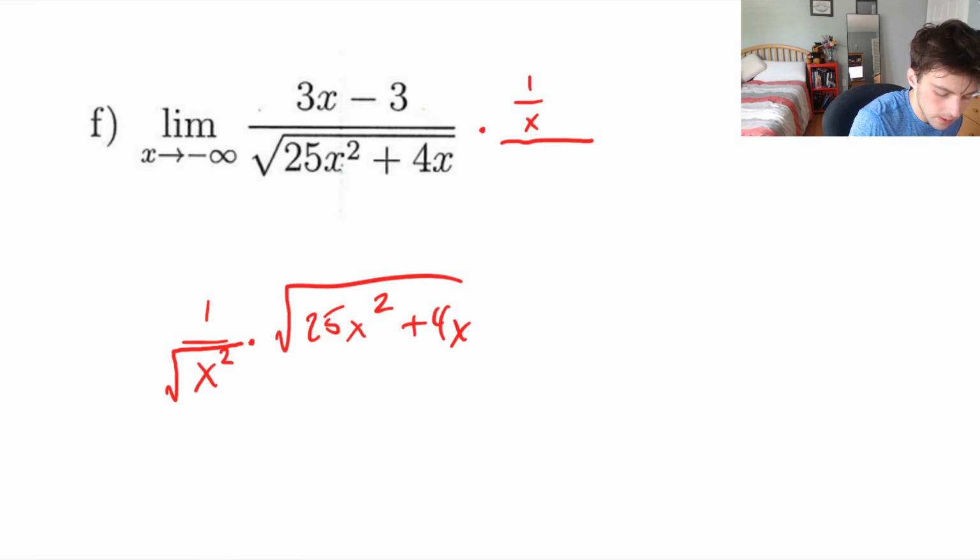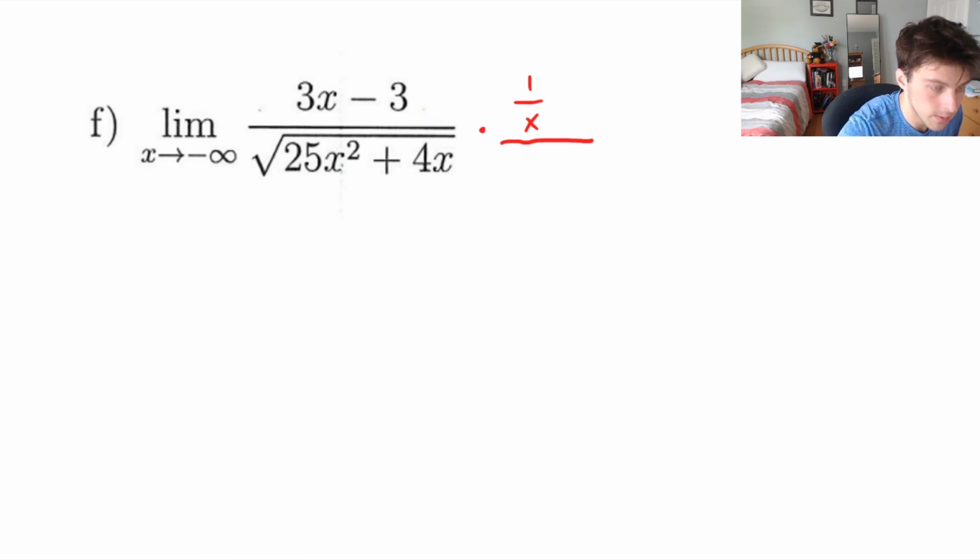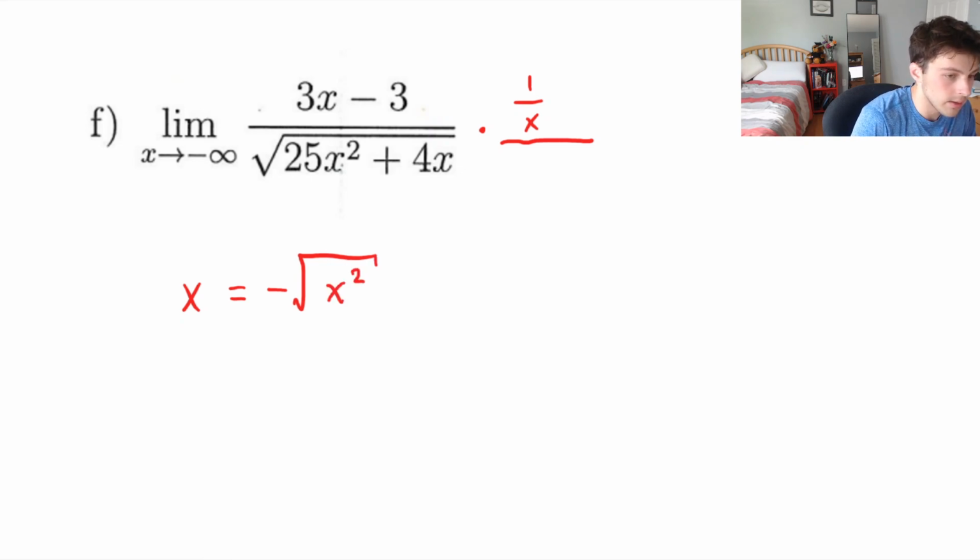So the key here to this question is that, notice that since x is approaching negative infinity, this means that x would be equal to the negative square root of x squared, not the positive.